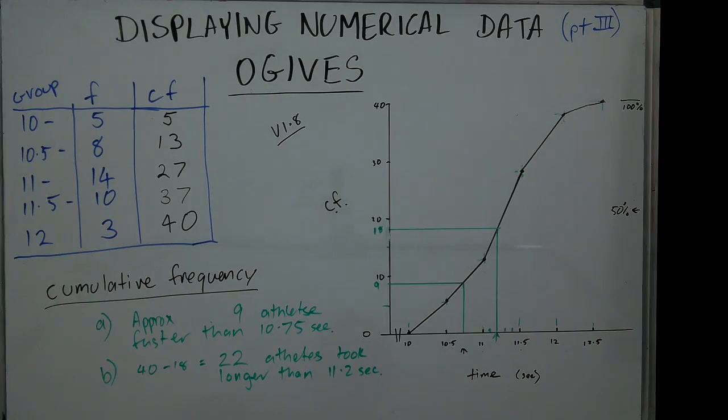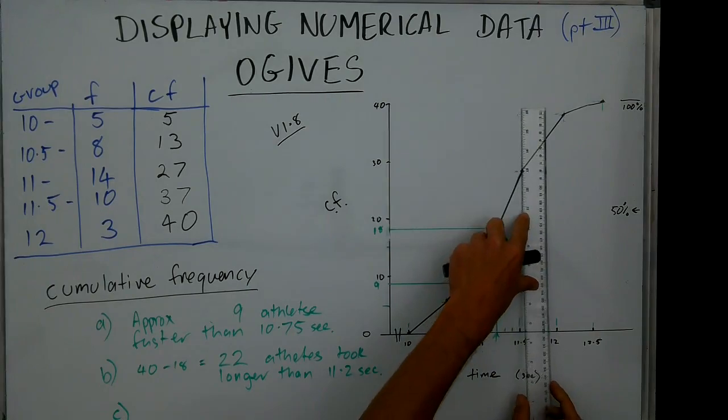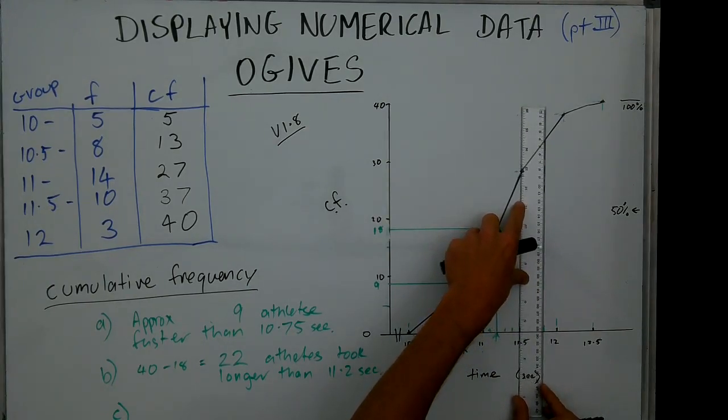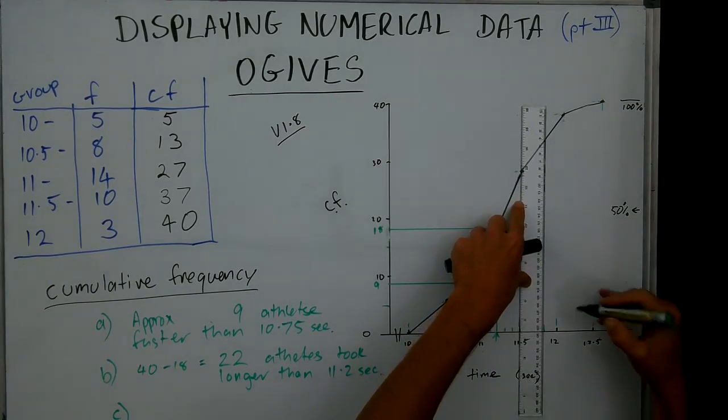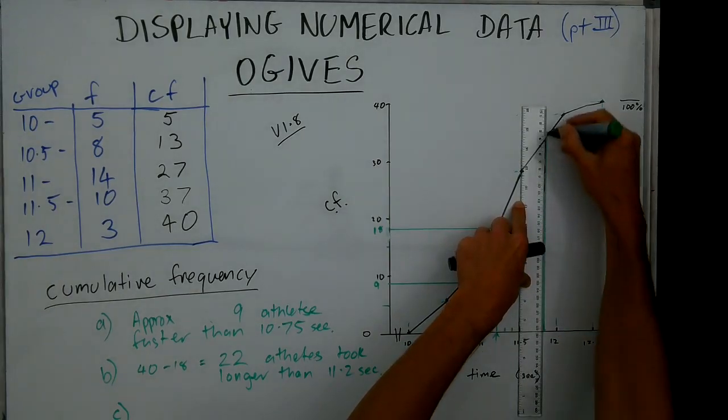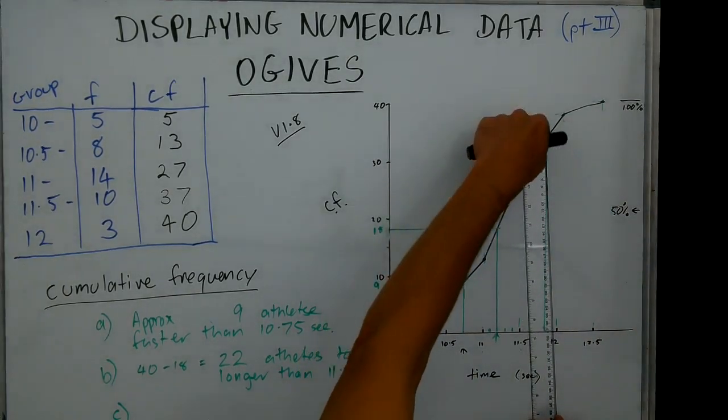What fraction of athletes, so this is the third question, what fraction of athletes finished in less than 11.8 seconds? So, let's say 11.8 is there. Draw our horizontal line. I hope this is going to be pretty neat.